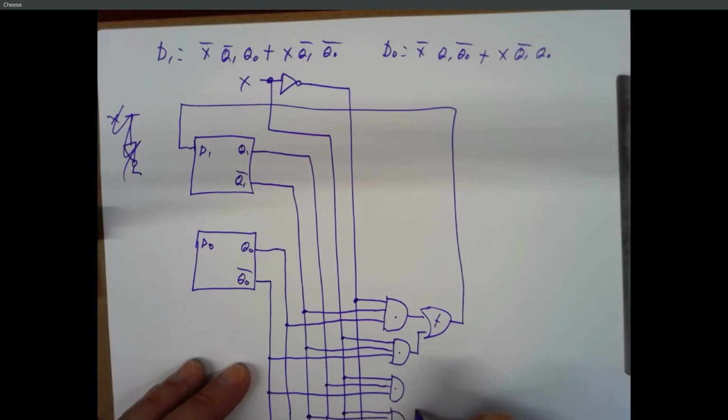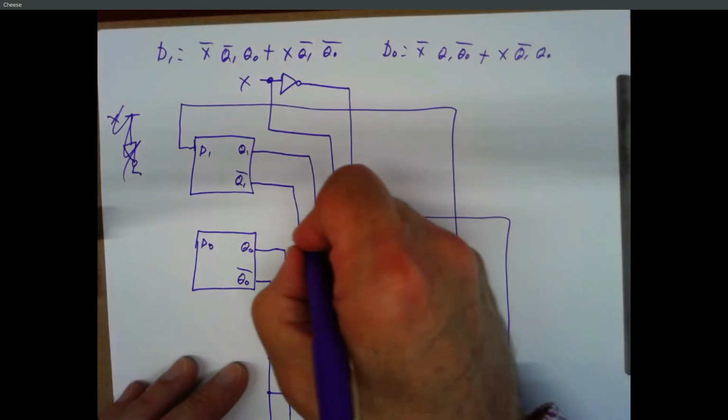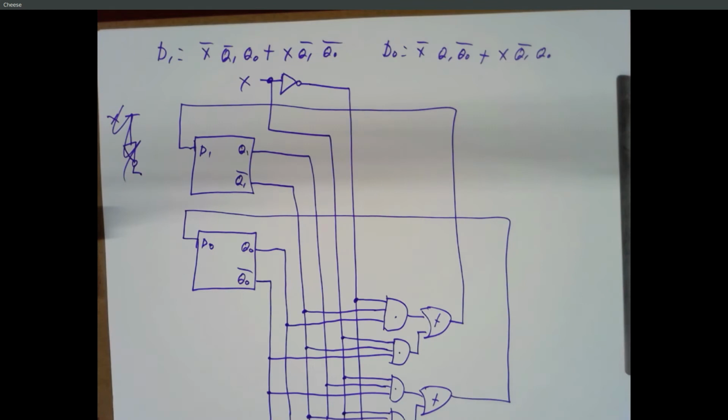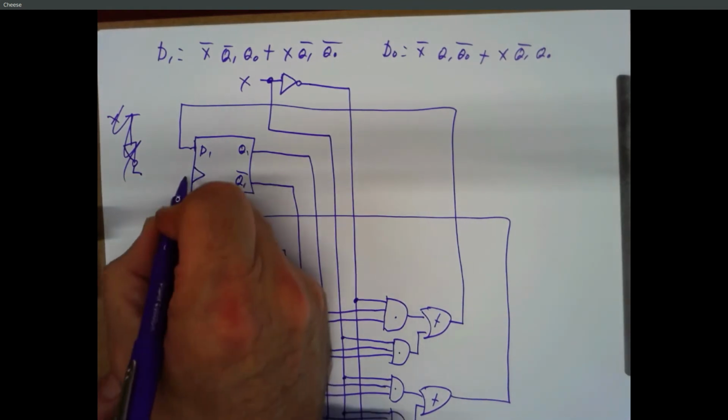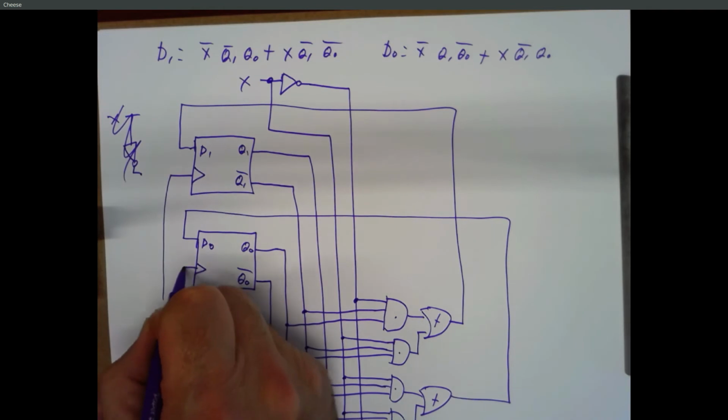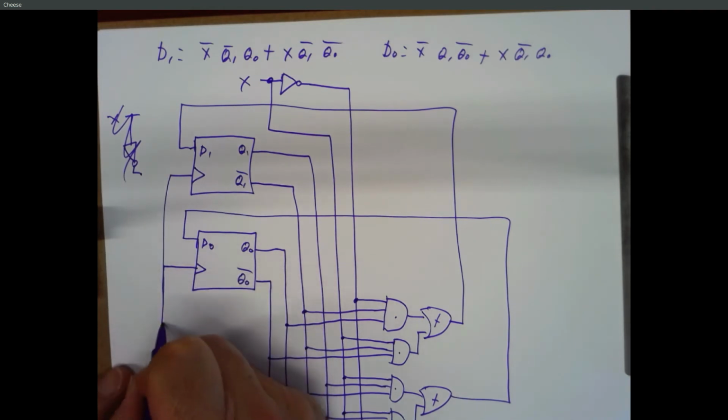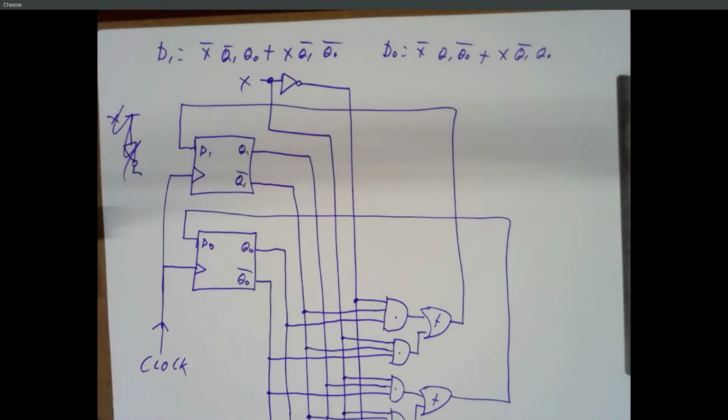And OR those together, and that should be D0. So I'm going to take that and run it over to D0. And then there's a clock on these, and the clocks always get tied together. So there's our external clock. There's your state machine.